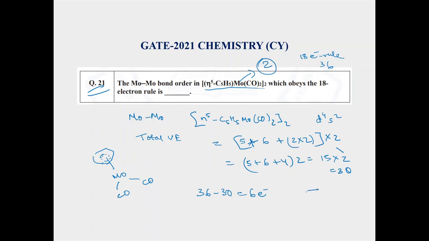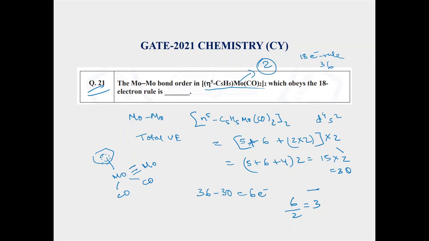Now we all know that in one bond there are how many electrons? 2 electrons. So that means 6 by 2. We need 3 more bonds for fulfilling 18 electrons, right? So between two molybdenum there are 3 bonds.